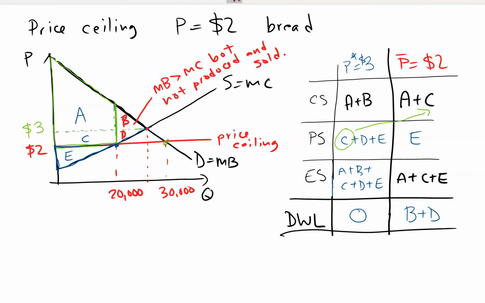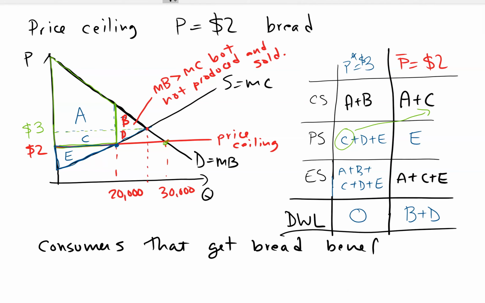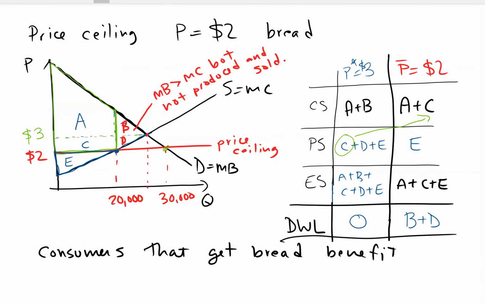So the B is from the consumers, who don't get to consume these units, and D is because the firms don't get to produce them. Okay, so now we can kind of summarize what we talked about. So we have the consumers that buy, that get bread, benefit, right?